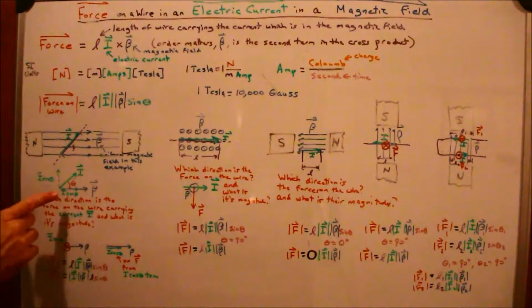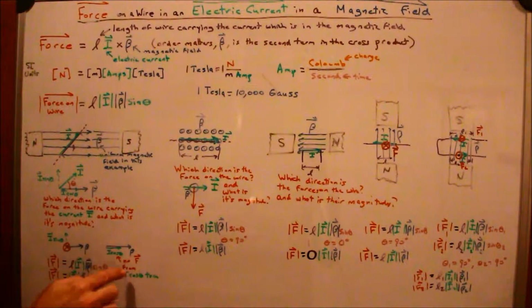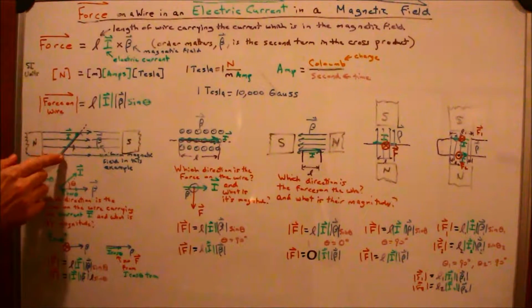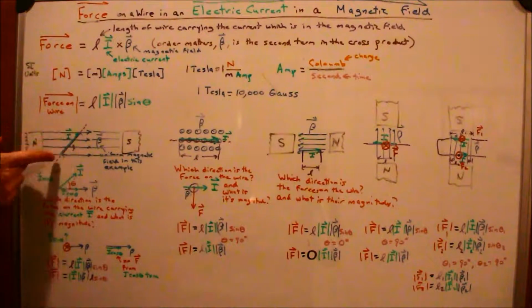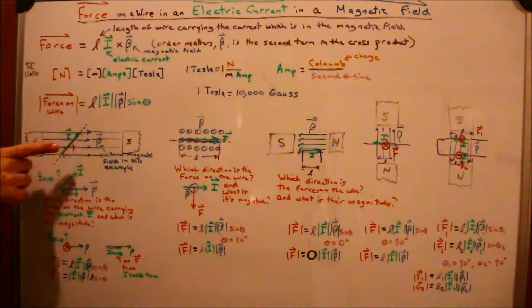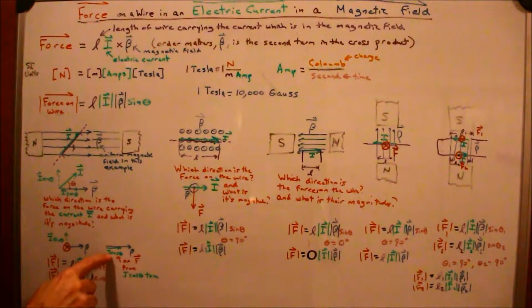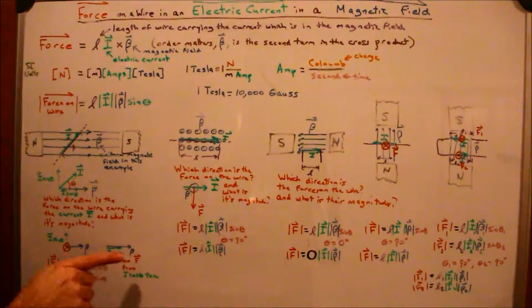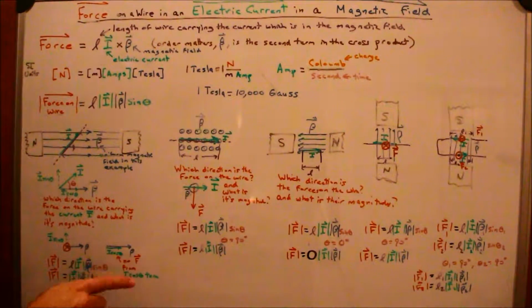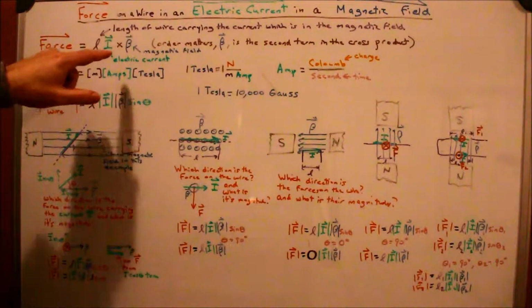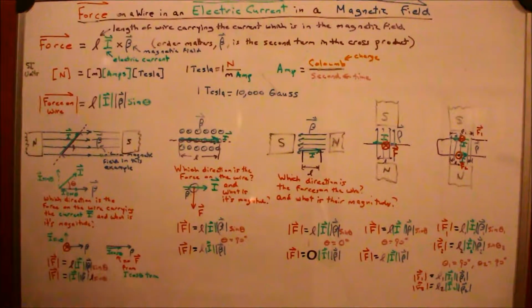Then if we look at the second term, just to confirm: during part of the time, the current on this wire is traveling this direction, so that's the I cosine theta term. I cosine theta cross B, well, those are in the same direction, and the cross product of terms in the same direction has no magnitude, so there's no force from there.